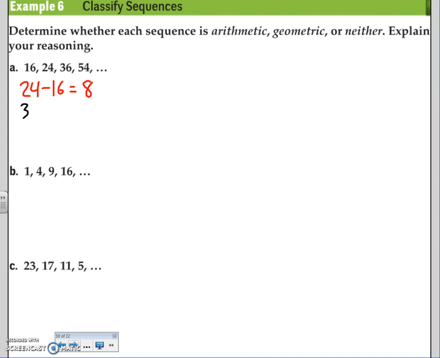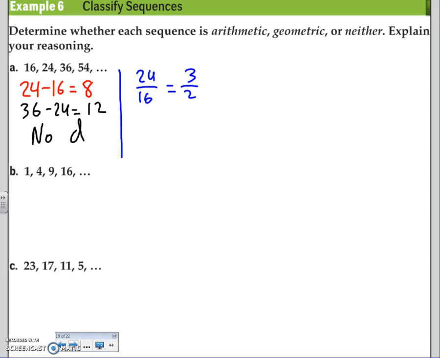And to prove that, I can do this other one as well. They're different. So no common difference, no d. Alright, let's try the other one, geometric, with r, the common ratio. So 24 over 16, I can divide by 8, that's 3 over 2. So that's my multiplier, but I'll try the next one. 36 over 24, divided by 12, it's also 3 over 2, that's good.